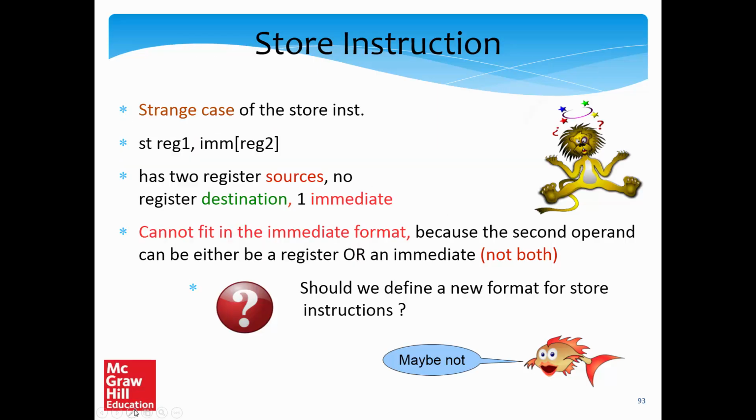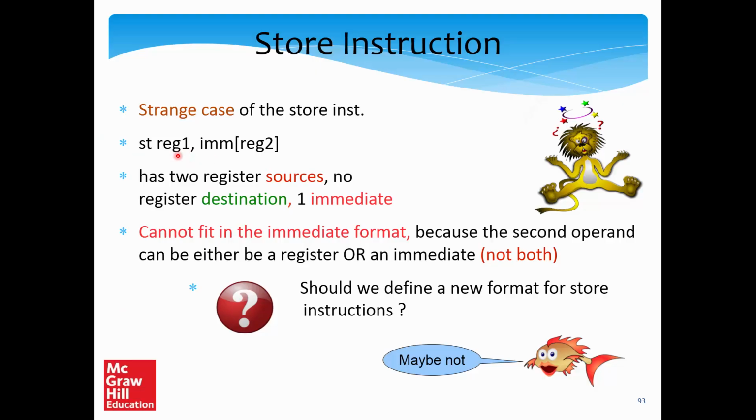Let us now discuss the slightly strange case of the store instruction. And so hopefully after the end of this slide, readers will appreciate some of the trade-offs that need to be made by computer architects to ensure that their hardware is simple and everything remains elegant. So the case of the store instruction is somewhat like this: in the store instruction, we actually have 2 sources.